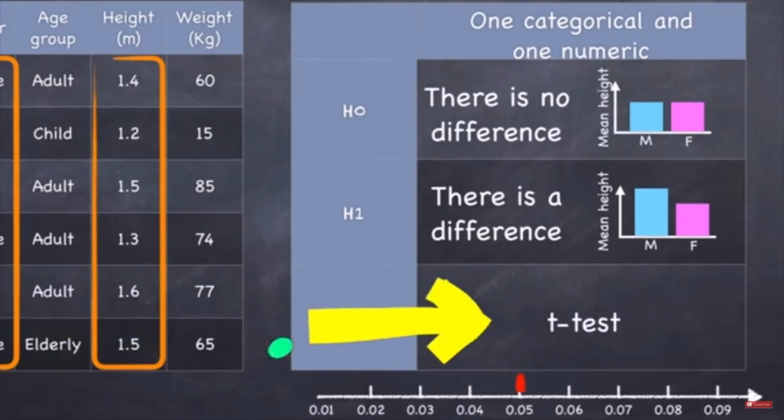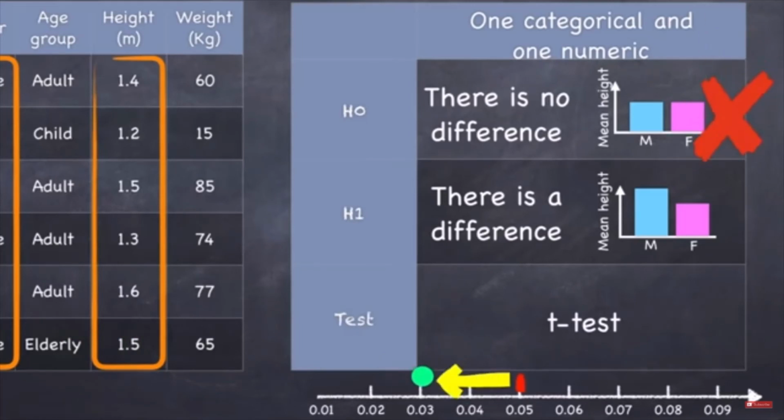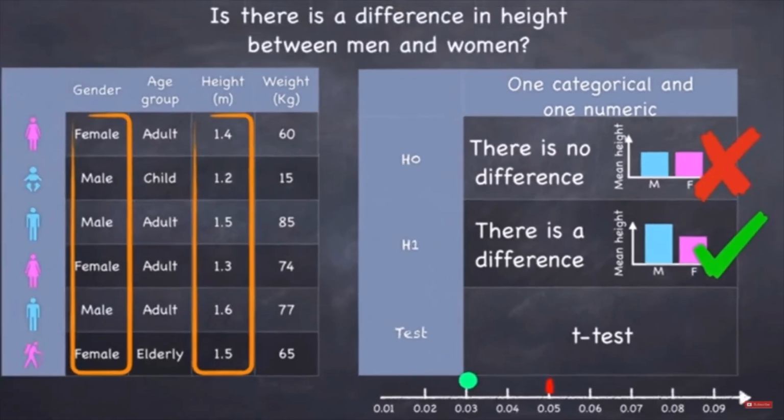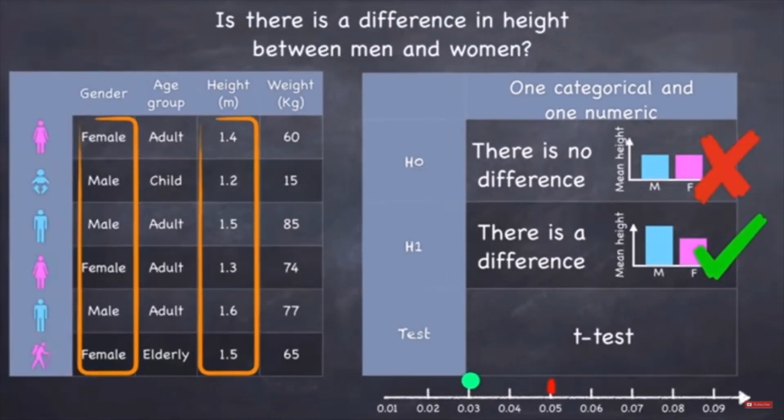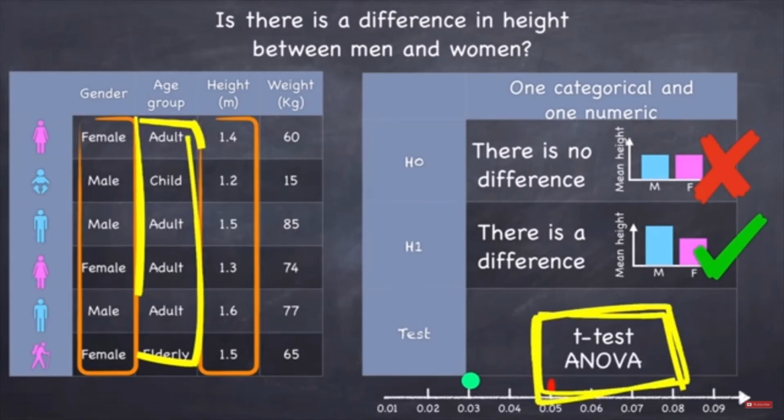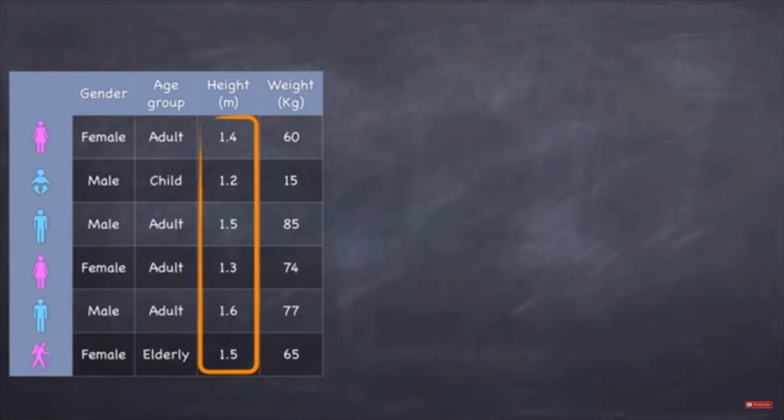If we conduct a t-test, which gives us a p-value of less than the alpha, which is 0.05, then we would reject our null hypothesis. Really straightforward. Now, if it was more than two groups, instead of a t-test, we would obviously do an analysis of variance.